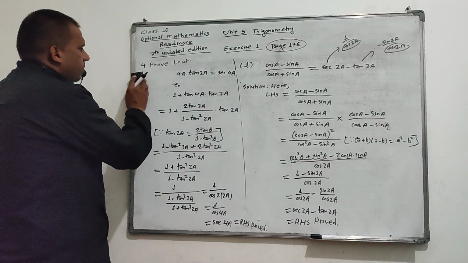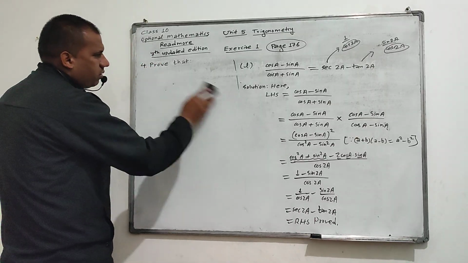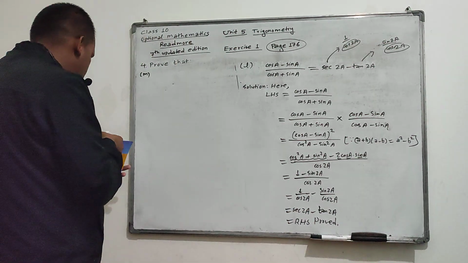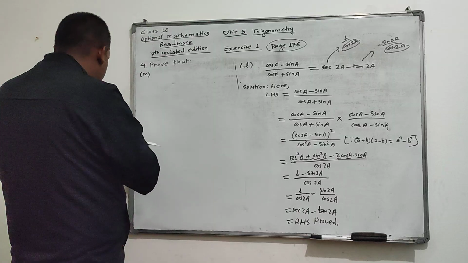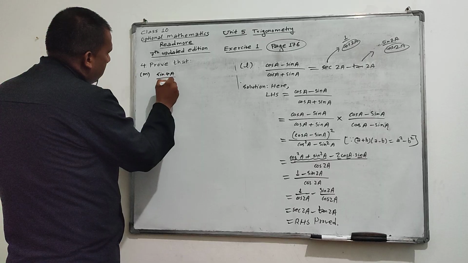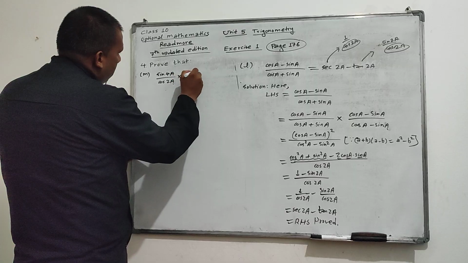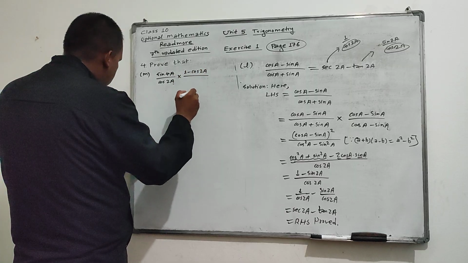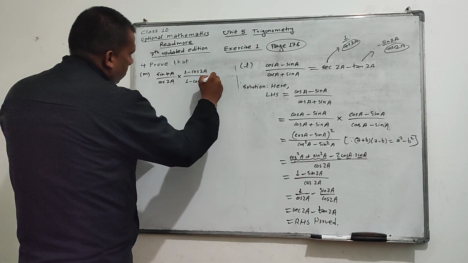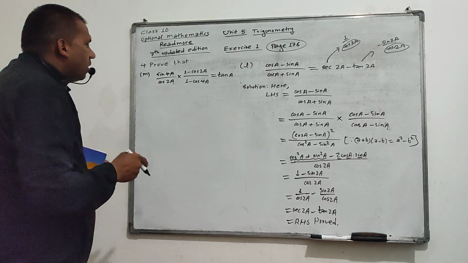Now on the next one we have sin 4A upon cos 2A, multiplied by 1 minus cos 2A, all upon 1 minus cos 4A, equal to tan A. Now its solution.